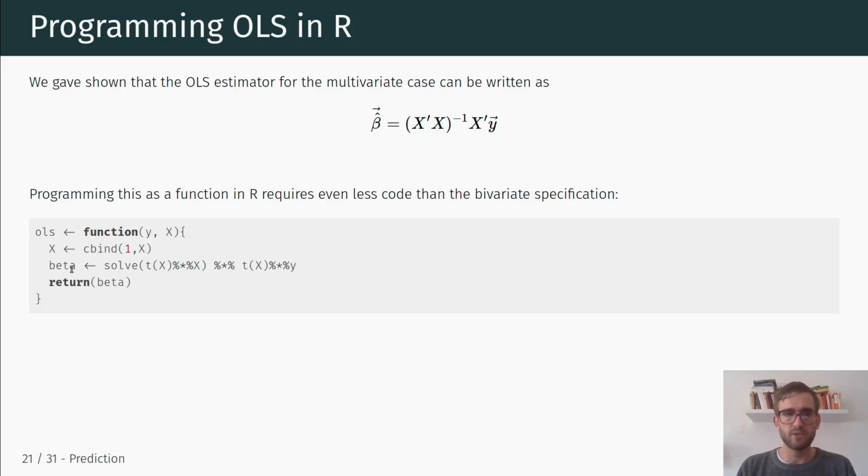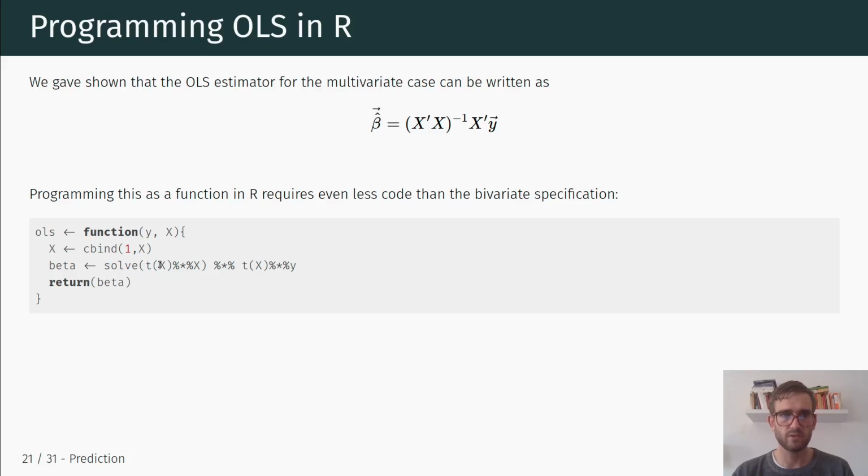And then all we have to do is translate this expression into R, which is fairly straightforward. The sign for matrix multiplication is not just a star; it's percent star percent. T is the notation for the transpose.